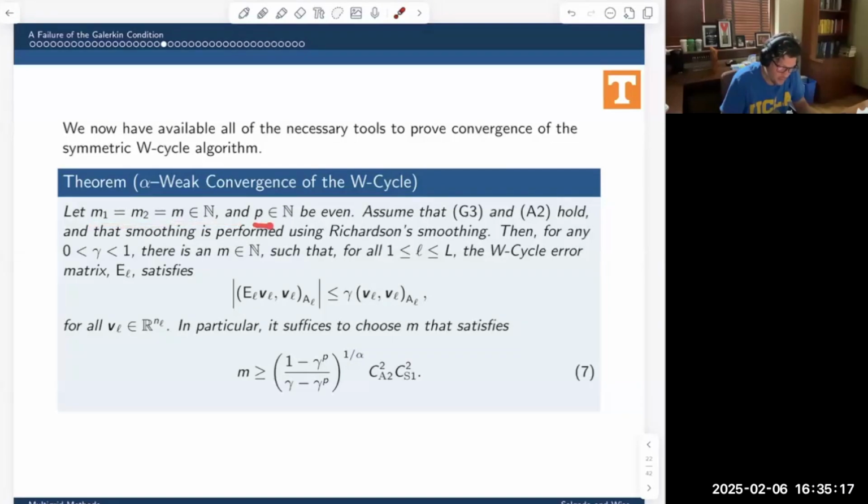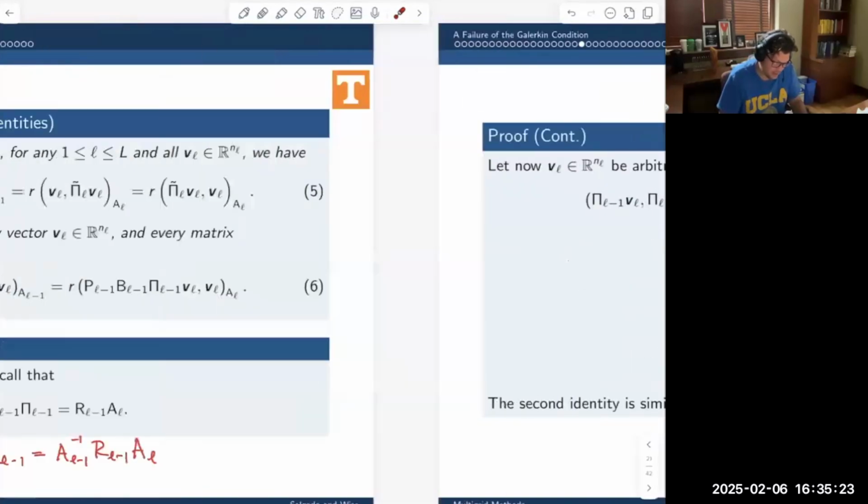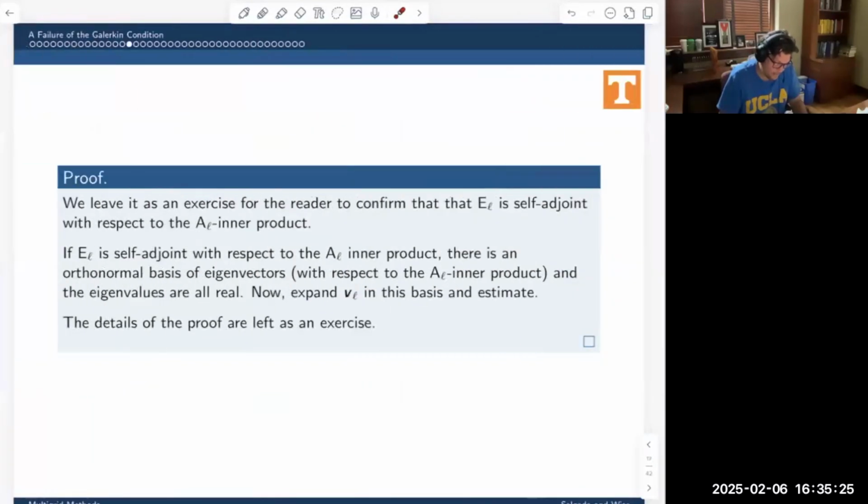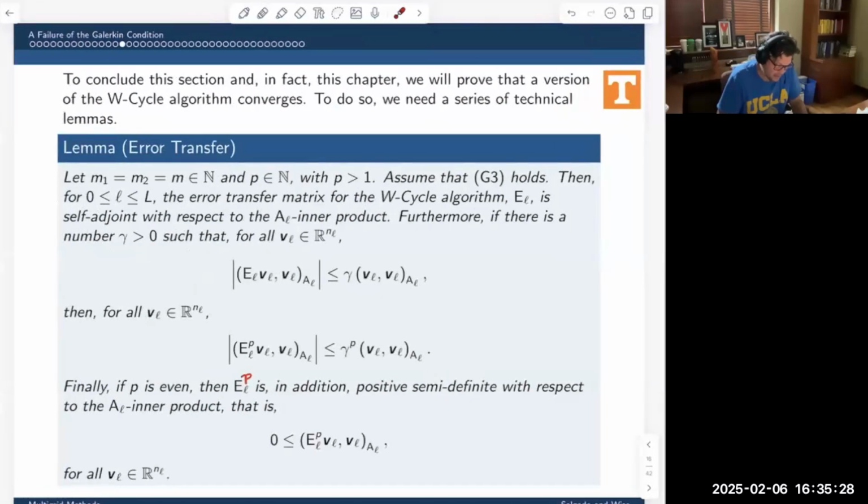I'm going to use P even because somewhere along the line, if I use P even, I can take advantage of something that I mentioned earlier. If I use the fact that P is even, then this guy is going to be self-adjoint positive definite, meaning that's going to be true.